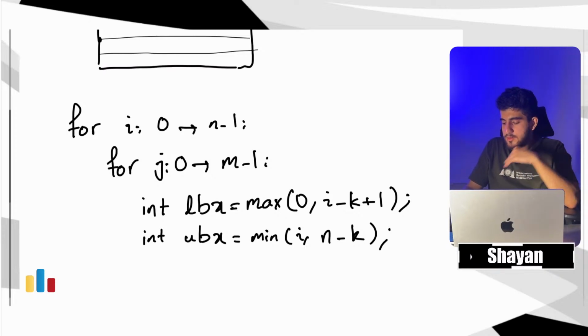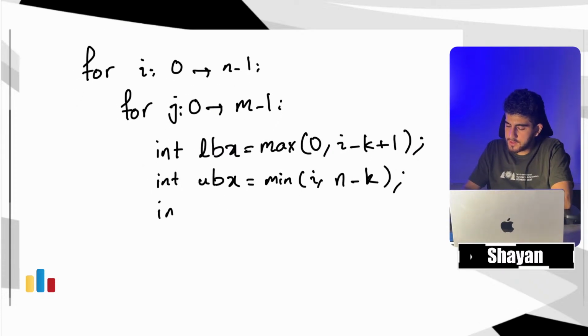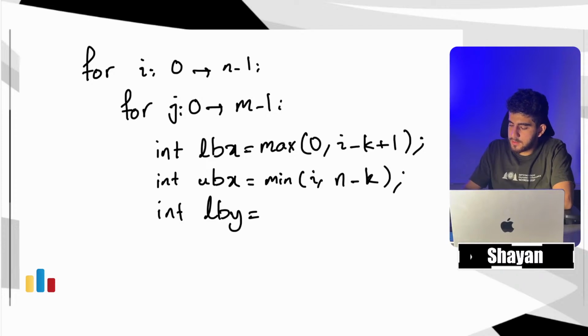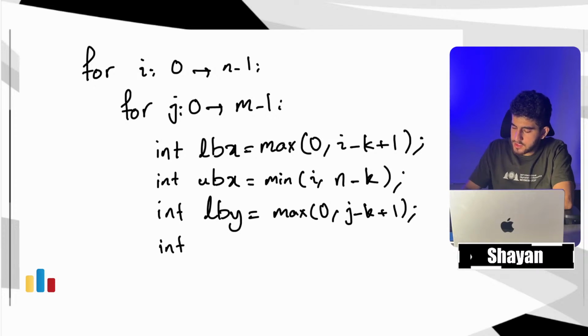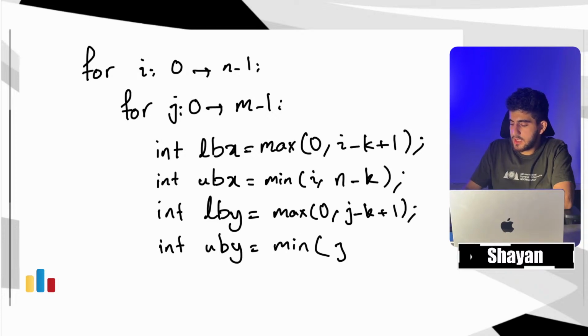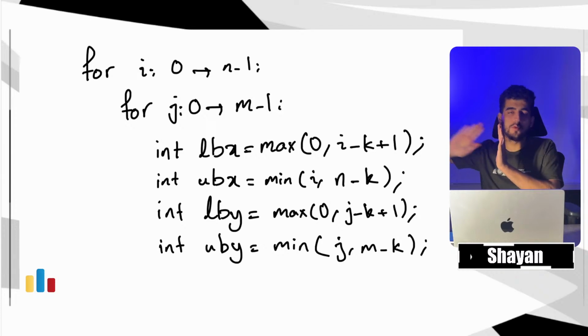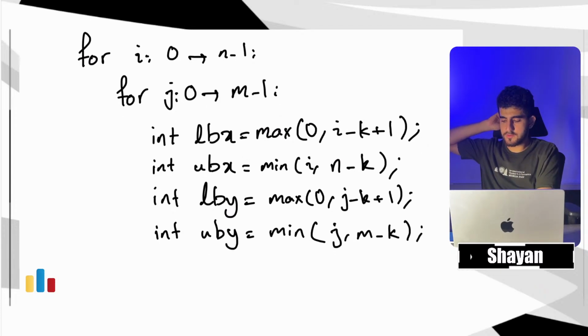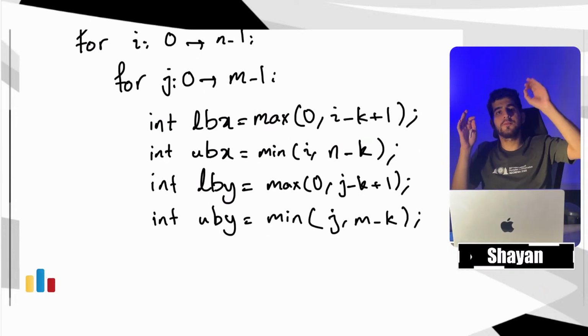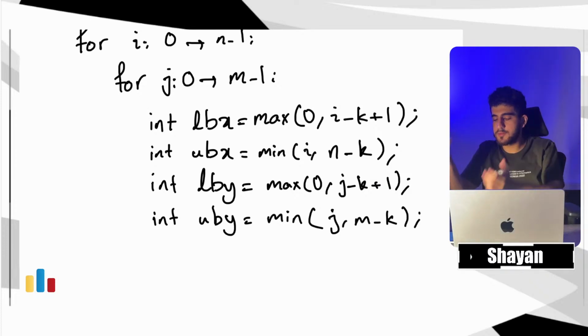This way I can find the lower bound and upper bound for x, and in the same way for y. The lower bound of y is again the maximum of 0 and, this time, j minus k plus 1. The upper bound of y is the minimum of j and m minus k, again because if it is after m minus k, this k by k will go outside of the rectangle. So for the x and y of the top left corner of that k by k rectangle, I have a lower bound and an upper bound.